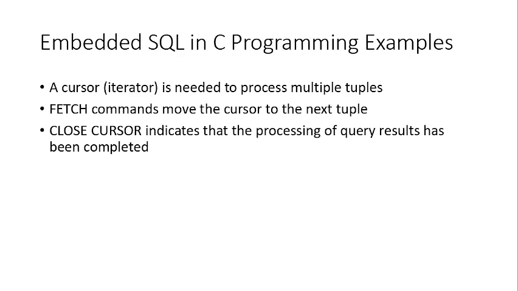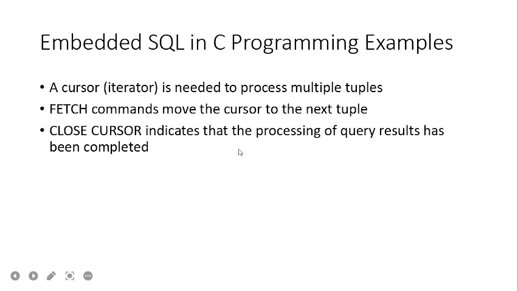And subsequently we have a fetch command. Fetch commands are issued in the program, and each fetch moves the cursor to the next row in the result of the query, making it the current row and copying its attribute values into the C language, that is, the host language program variables specified in the fetch command by an into clause.